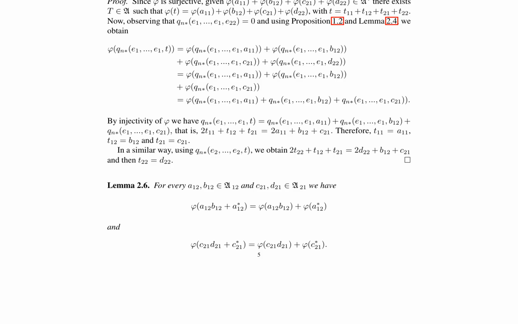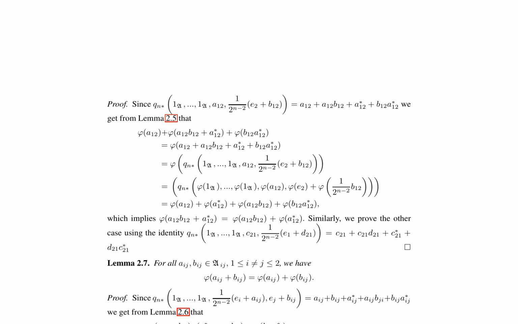Finally, we prove lemma 2.6, which states that for every a12, b12 in A12 and c21, d21 in A21, we have phi(a12 b12 plus a * operator 12) equals phi(a12 b12) plus phi(a * operator 12) and phi(c21 d21 plus c * operator 21) equals phi(c21 d21) plus phi(c * operator 21).